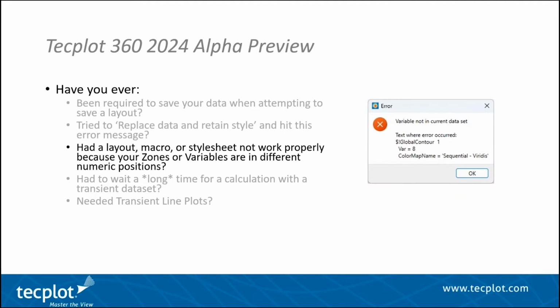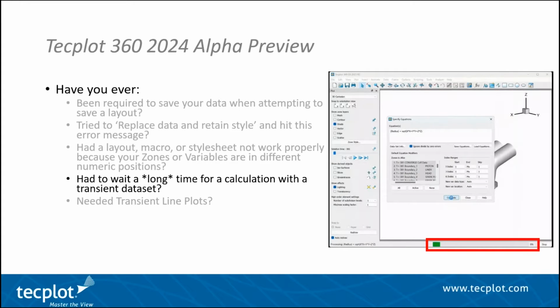So if you've ever had a layout or a macro or a style sheet not work properly because your zones or variables were in a different numeric position, the Tecplot 360 macro language refers to zones and variables by their numeric position, and we're trying to translate to a solution where we're using names, which are not only easier for the end user to read when you're looking at your macro. You can see that you're using the pressure variable instead of variable number 8, so trying to make that easier to use as well.